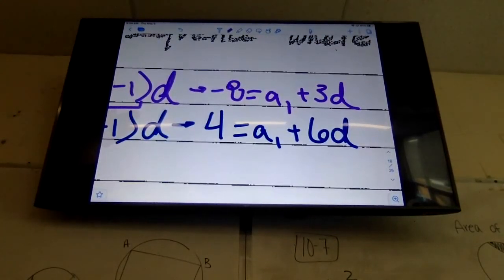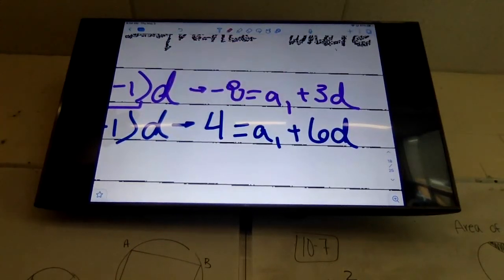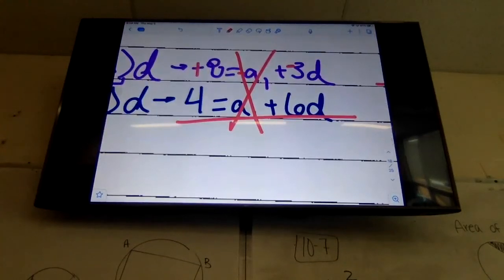Okay, now what I want to do is to eliminate, you need to make one of these equations negative. If I make this top one negative, then I've got a negative a sub 1 and a positive a sub 1. So when I add them, the a sub 1s cancel. 8 plus 4 is 12, and negative 3d plus 6d is going to be 3d. What does that make d? 4.